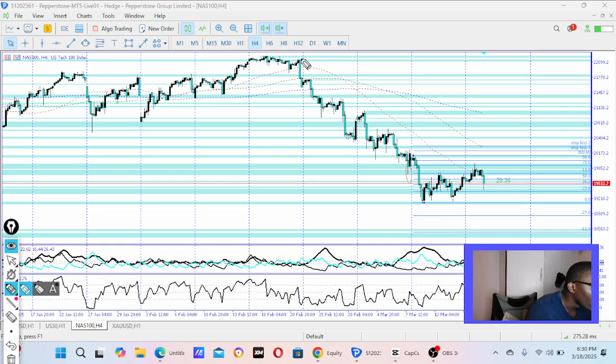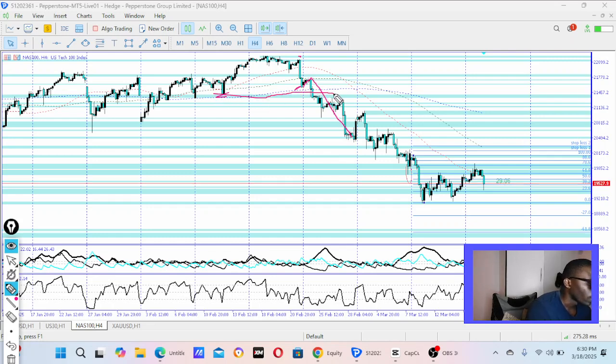Nasdaq is in a downtrend. This was the last high. Price closed here in a low, still made a higher low because this area was higher than this one, and price went back up and dropped, creating a low. So structure was really broken.